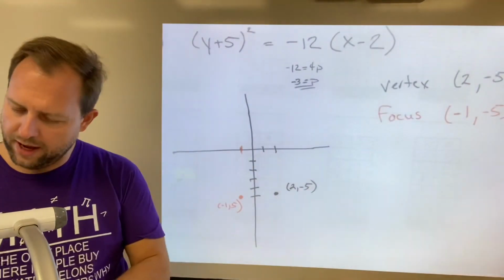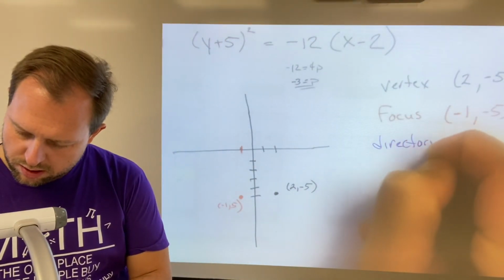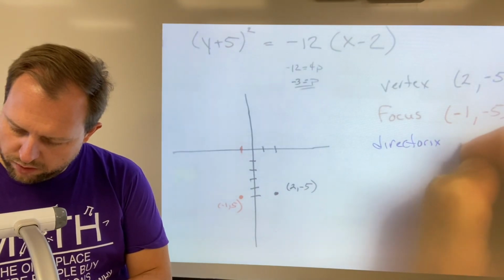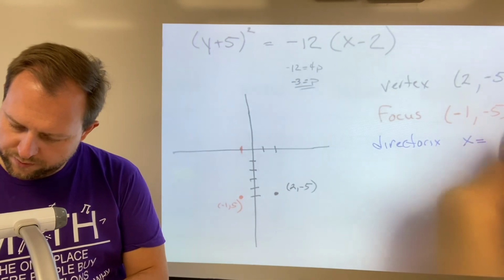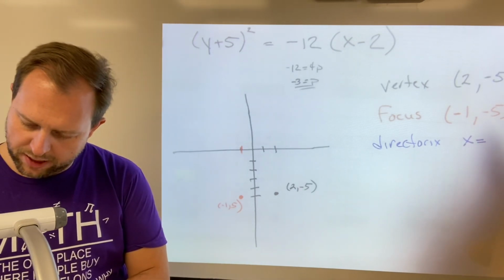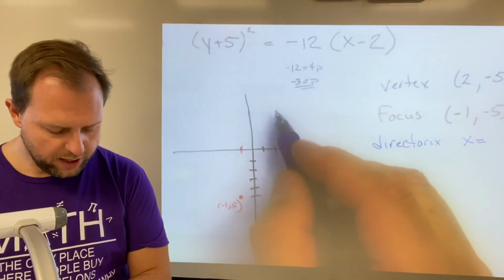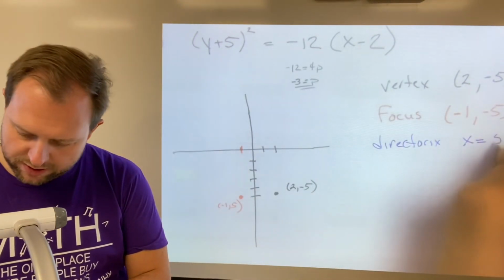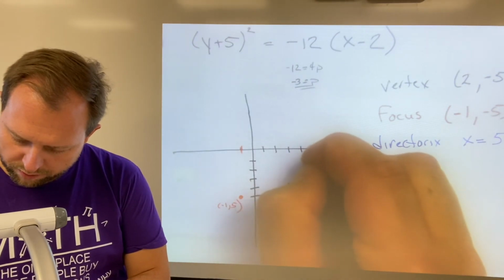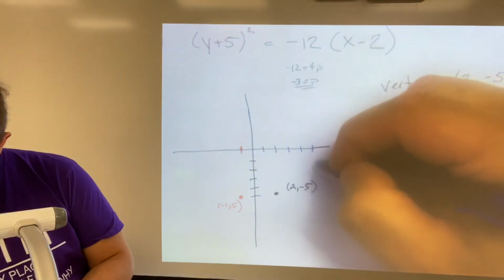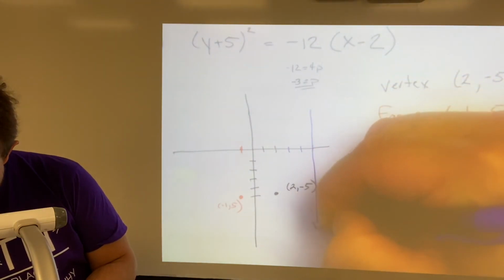Then we have our directrix, which is x equals h minus p. So 2 minus a negative 3 is 2 plus 3, which is 5. So 3, 4, 5. Our directrix is going to come through there.